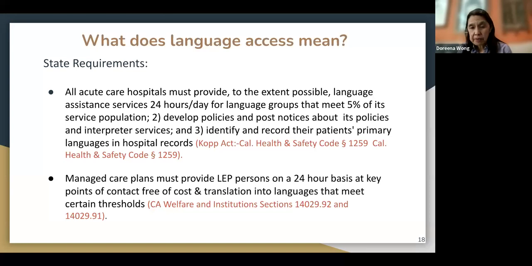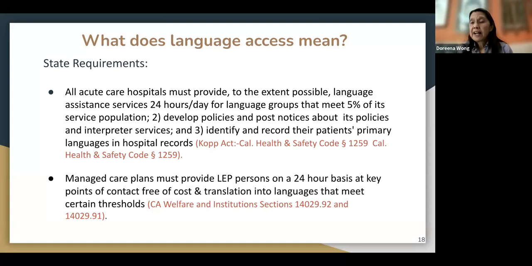For instance, in the Medi-Cal program, there are some specific threshold standards, both for standard languages and certain concentration languages. Now there's 18 languages covered for Medi-Cal beneficiaries. Not all counties have to provide all of the vital documents in all 18 languages, but if a county meets those particular thresholds, then it must translate those materials in that language.